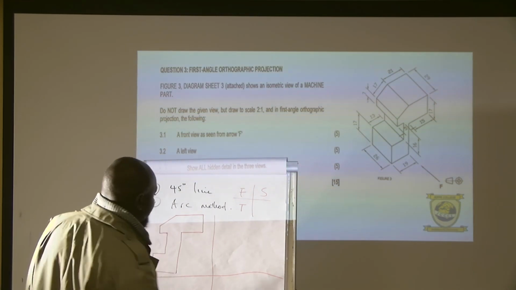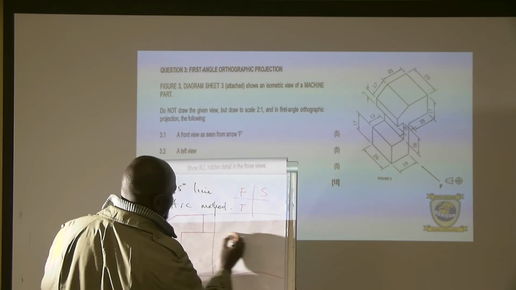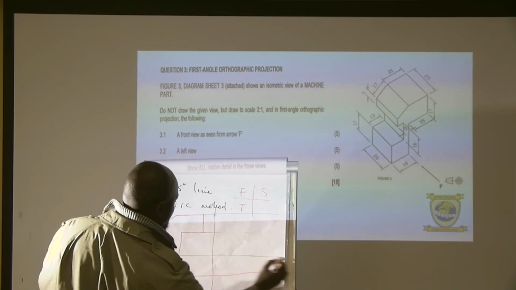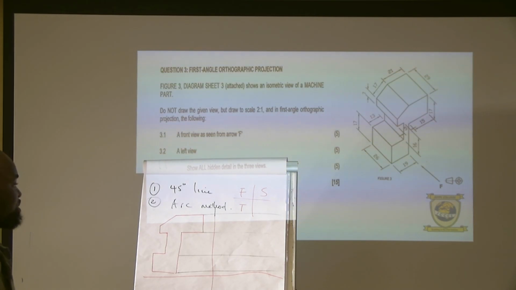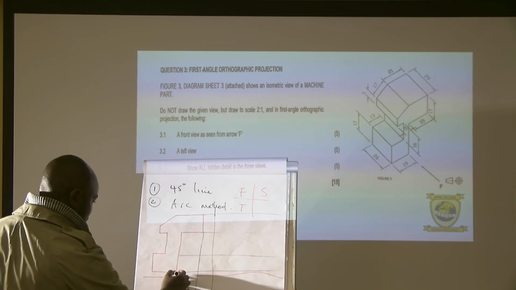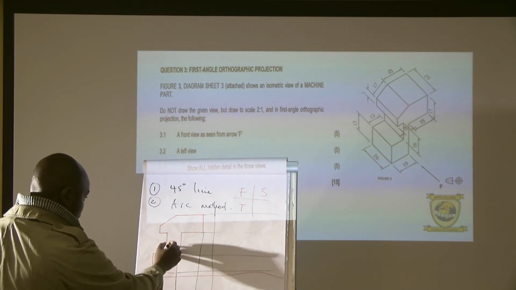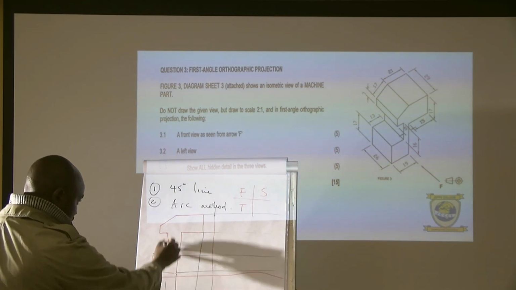That is our front view, and the method that we are using is we project these lines. We project all the horizontal lines to the horizontal, and all the vertical lines to the bottom.